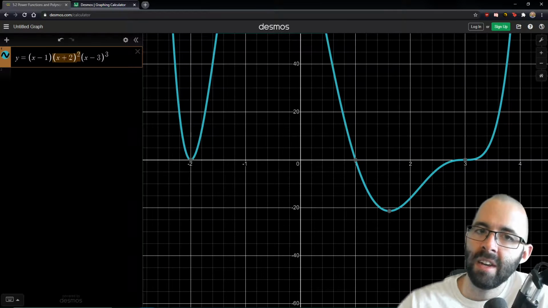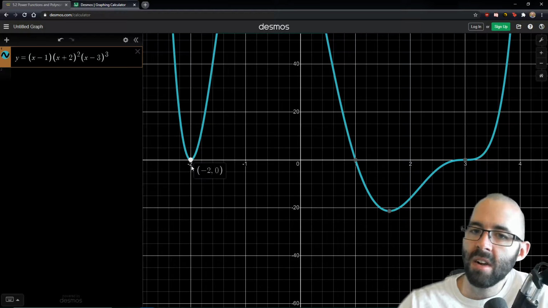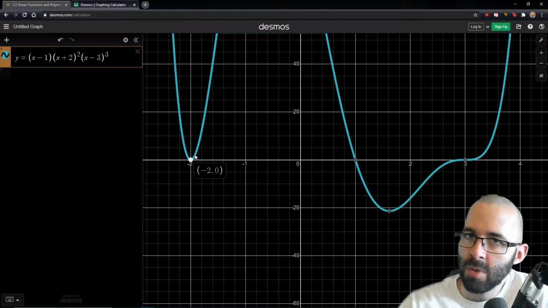There will be a zero at negative 2 of multiplicity 2. But now it doesn't cross at all, it just touches. Specifically, really nearby, it looks like a parabola. The zero has multiplicity 2, and it looks like a parabola. This zero had multiplicity 1, and it looked like a line.